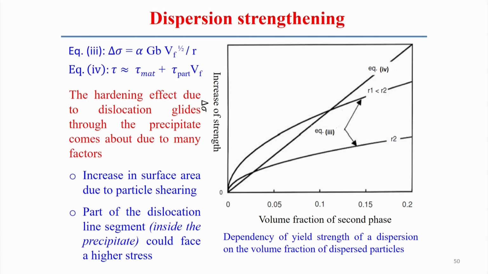Equation 4 is represented by a simple straight line, a linear relation with the volume fraction of the second phase particles. But for equation 3, the increase of the strength is proportional to the volume fraction, and it also depends on the size of the particle.